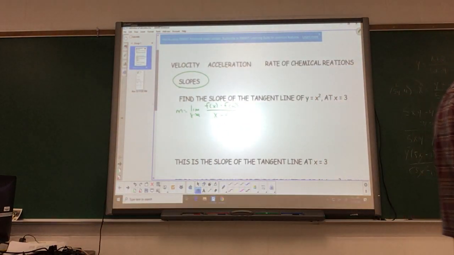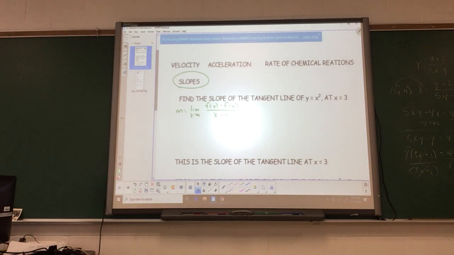Limit as x approaches a of f of x minus f of a over x minus a. Go ahead and determine the slope of the tangent line. Hopefully there's no ooh and ah, like, I don't quite remember that one. Should be fresh in your brain.